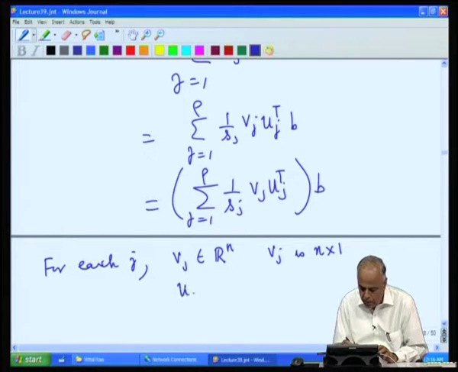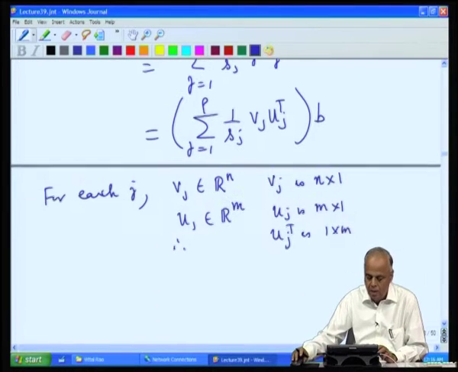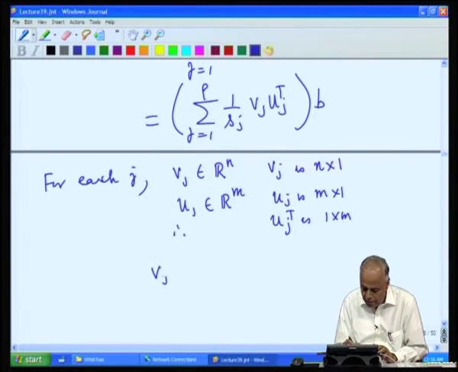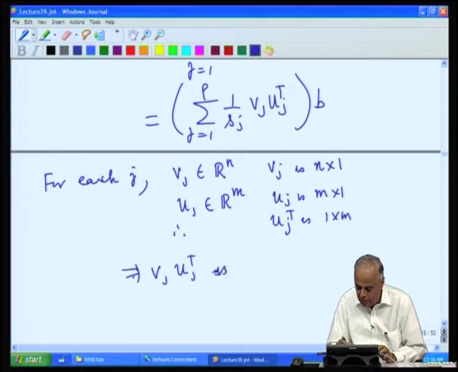And U j belongs to R m, and therefore U j is m by 1, and therefore U j transpose is 1 by m. And therefore V j U j transpose will be an n by 1 matrix times a 1 by m matrix. So, it is an n by m matrix.